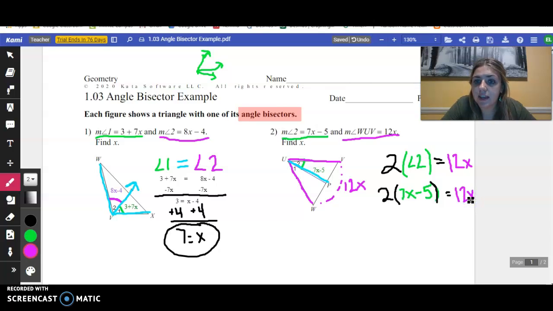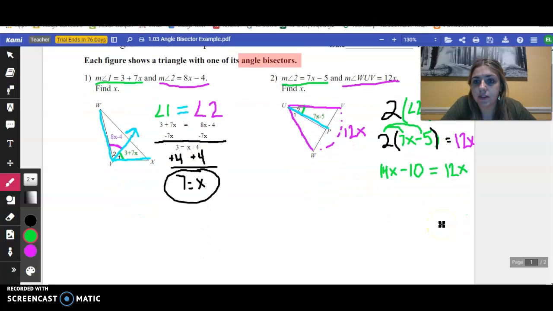The first thing that I want to do is go ahead and distribute that 2. So 2 times 7x is 14x. 2 times negative 5 is negative 10, which equals 12x.